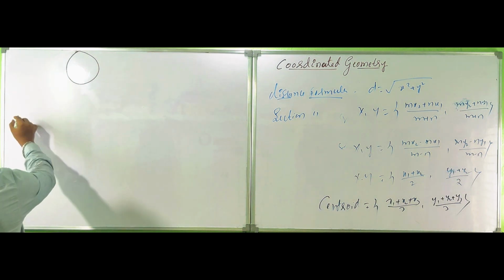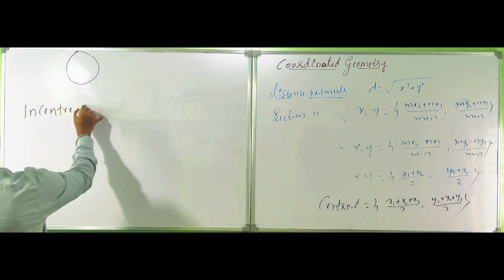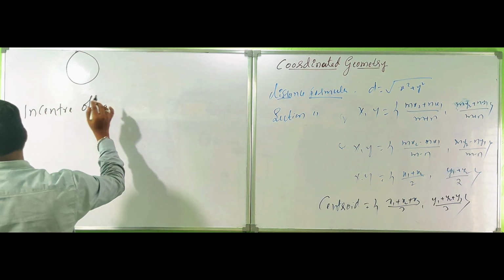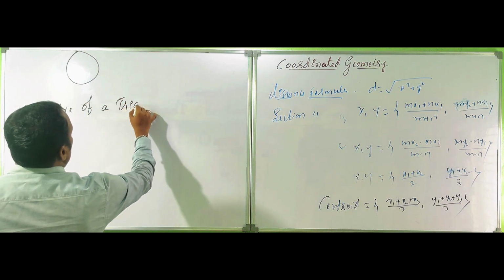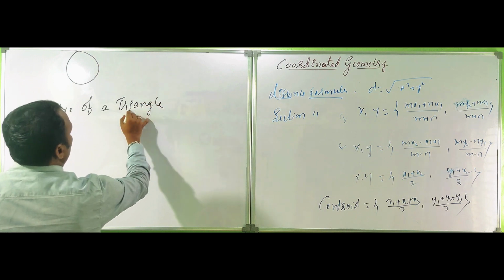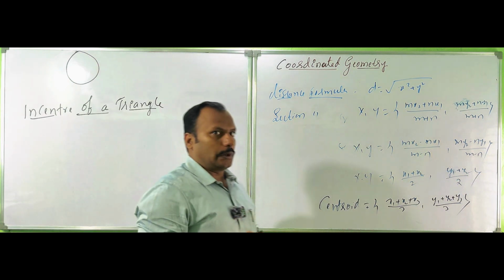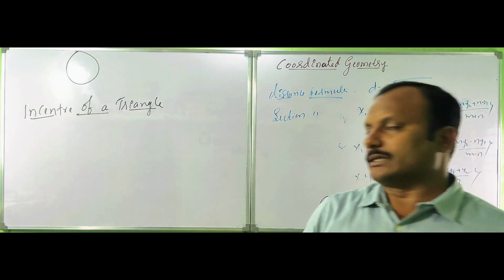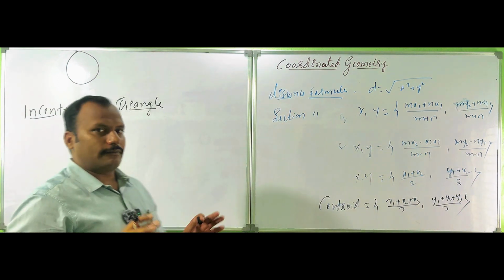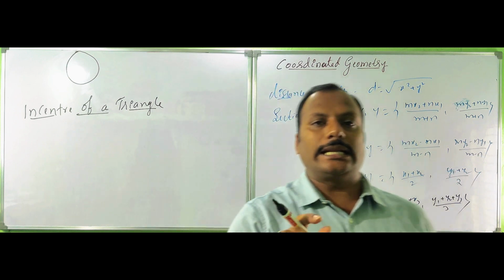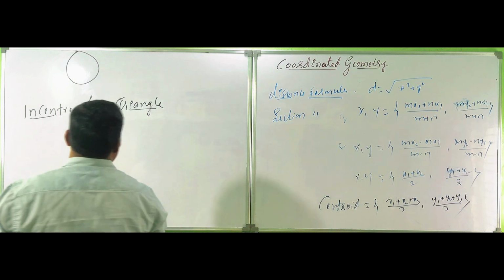What is the incenter? The centroid is the point of intersection of the medians. The incenter is the point of intersection of at least two internal angle bisectors.